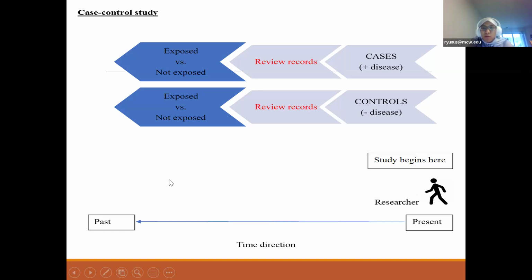So you select a group of people who are so-called sick, they have the outcome of the disease, and then you select another group of people who are the controls. Sometimes you can interview them, sometimes it's a questionnaire, sometimes it's a review of medical records. And then you look at their exposure status and you compare between the two groups.